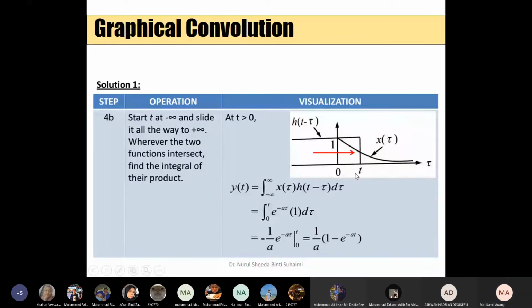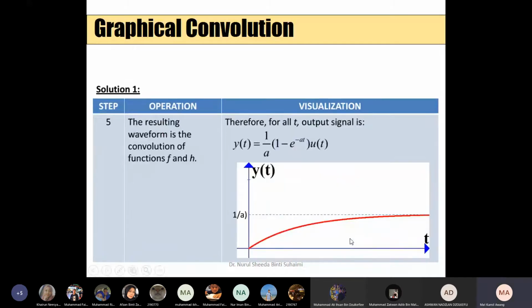So you get 1 over a times 1 minus e to the minus a t. The resulting waveform is the result of the convolution: y of t is equal to 1 over a times 1 minus e to the minus at, u of t. So this is the result of the convolution.